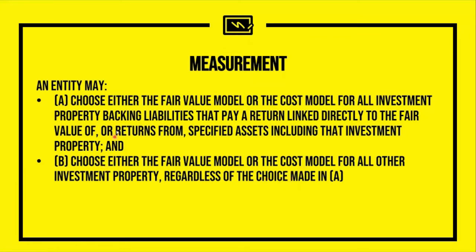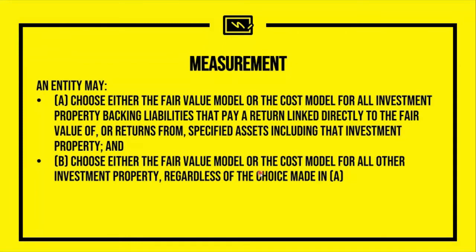So example, Group A can be fair value, Group B can be fair value also. Group A can be fair value, Group B can be cost. Group A can be cost, Group B can be fair value, or cost and cost. So that's basically how it works.